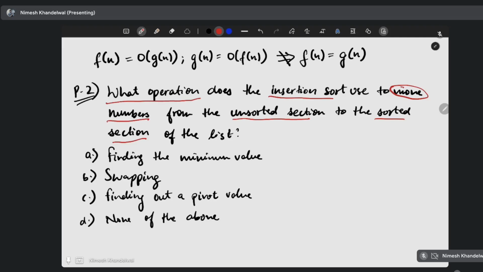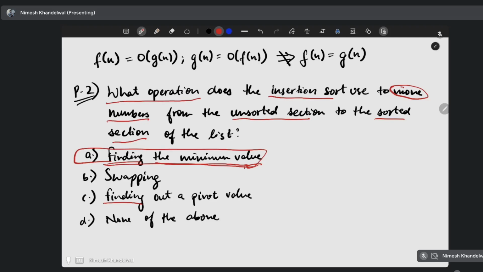In insertion sort we do find the relative minimum number, but this finding does not tell us how we arrange the numbers to put the number from the unsorted section into the sorted section. We find the minimum number, but then what do we do with it? That is what the question is asking.